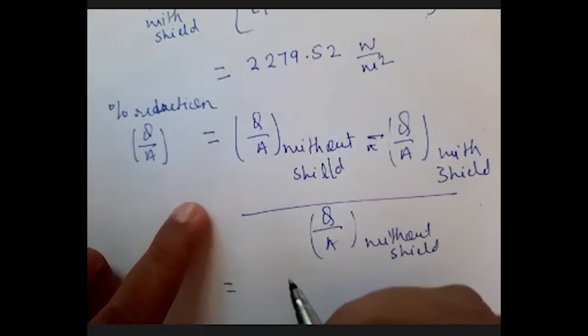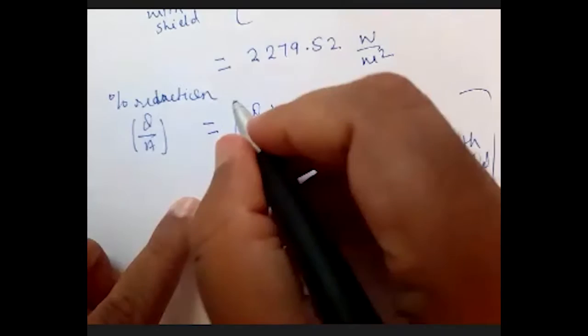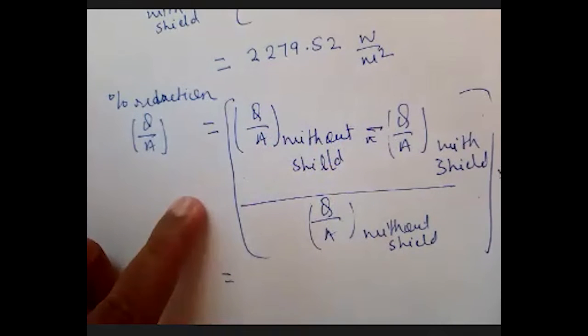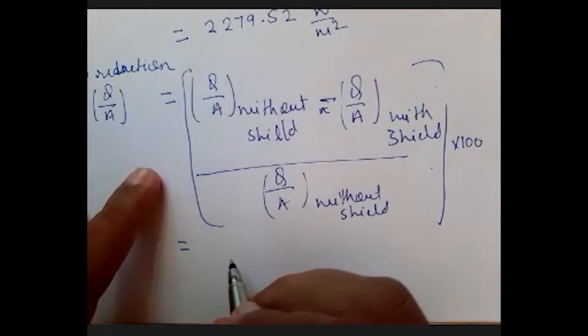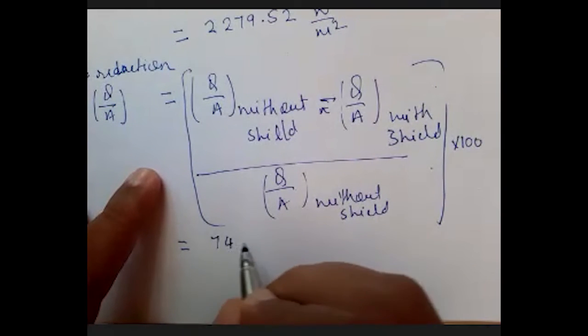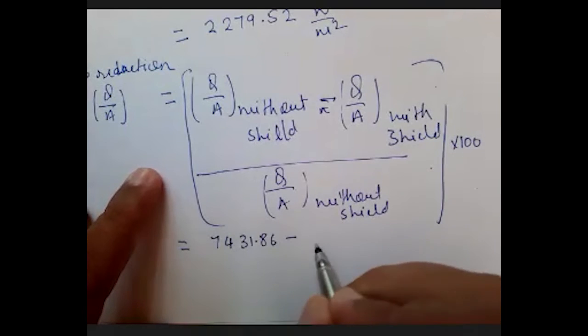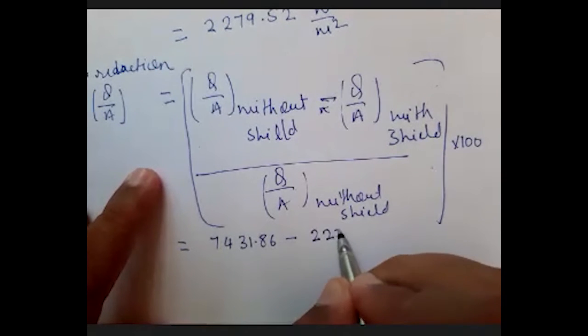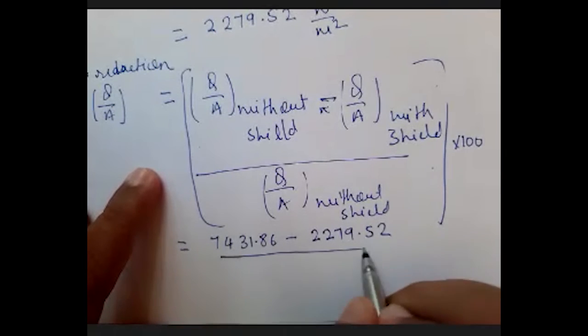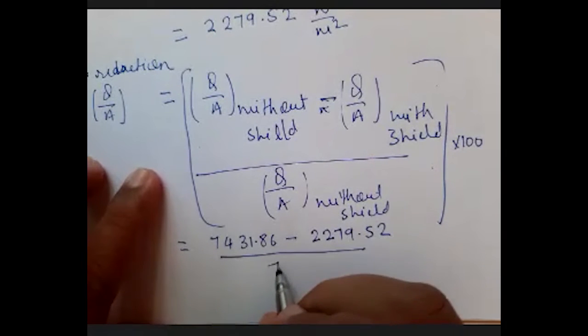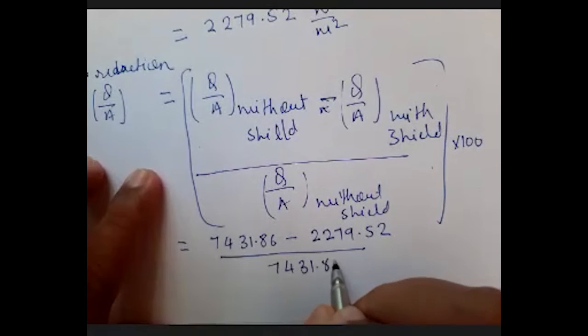So this is nothing but multiplied by 100. So this is nothing but 7,431.86 minus 2,279.52 divided by 7,431.86.